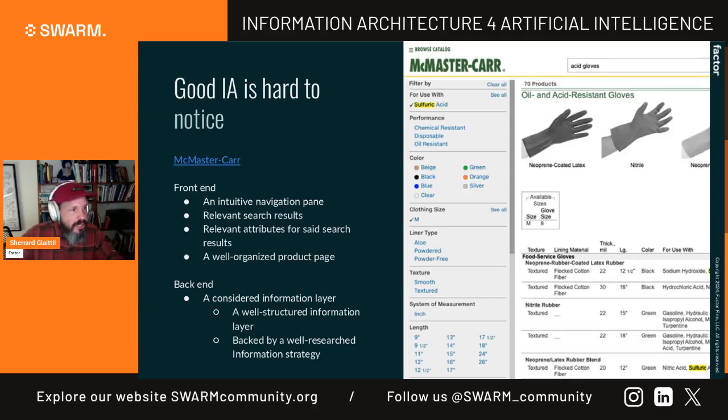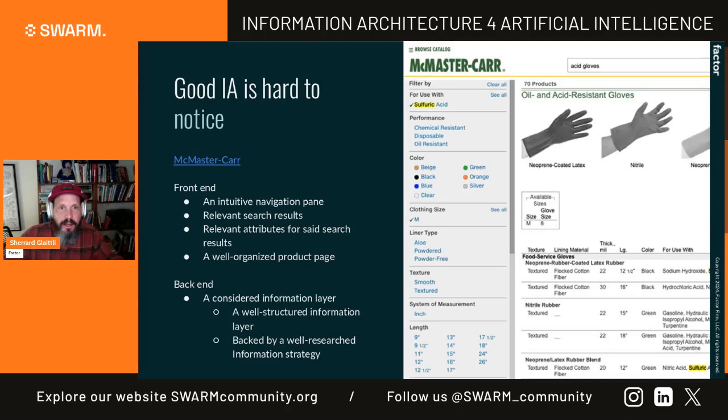But essentially, I can tell from front end and back end observations. On the front end, the navigation is intuitive for the domain. The refinements, or rather, the facets for each of these product categories are incredibly intuitive and very suited to the domain.